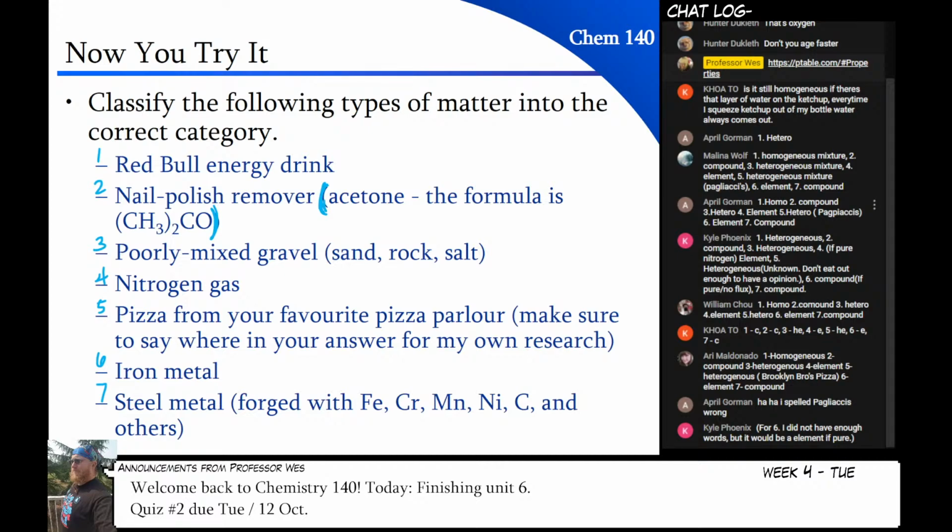All right, for number one, if you have a can of Red Bull, and I really should have just grabbed a picture of this. So, Red Bull label.